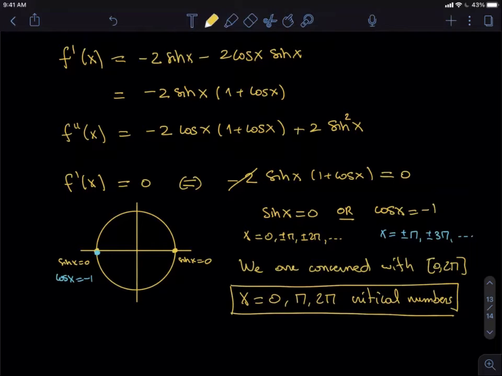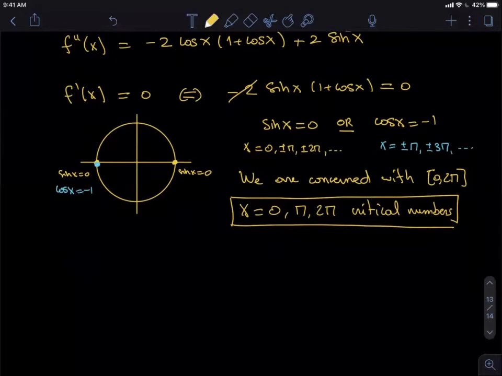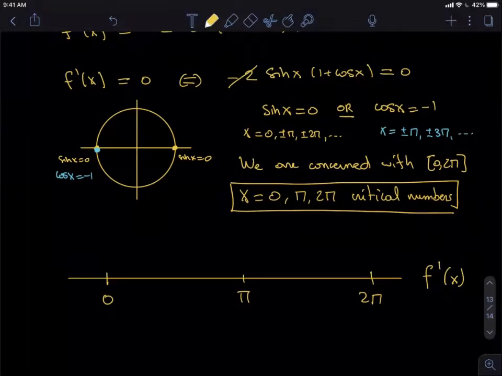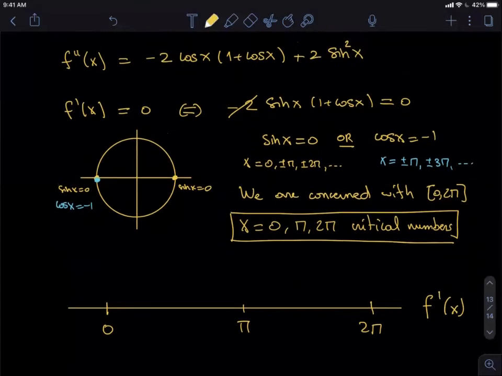Okay, so now we can do a sign chart. We are going to do the sign chart for the first derivative. And here we have 0, pi, and 2 pi. Let's look carefully at the formula for the first derivative.